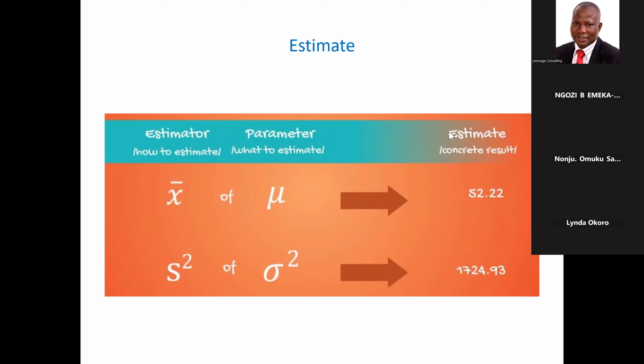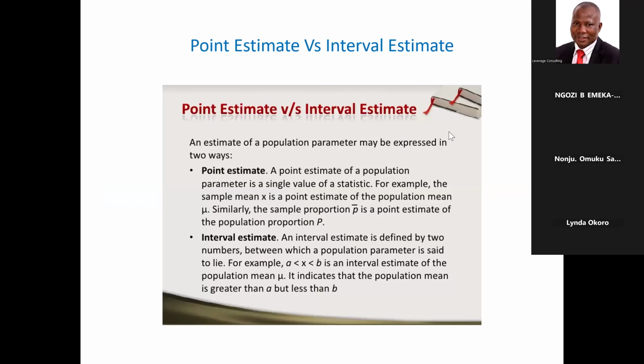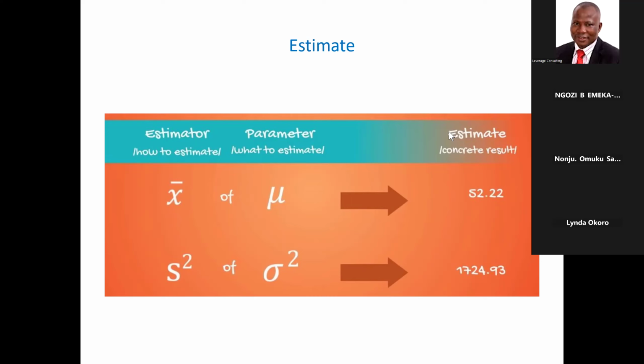Can you see that? What it's telling you is that x-bar is the estimate of mu, and S squared is the estimate of sigma squared. Because mu and sigma squared are parameters in the population, while x-bar and S squared are statistics for the sample.